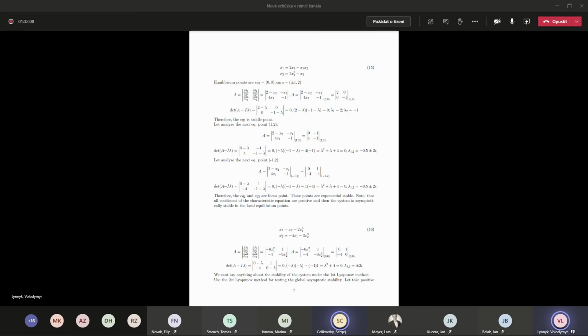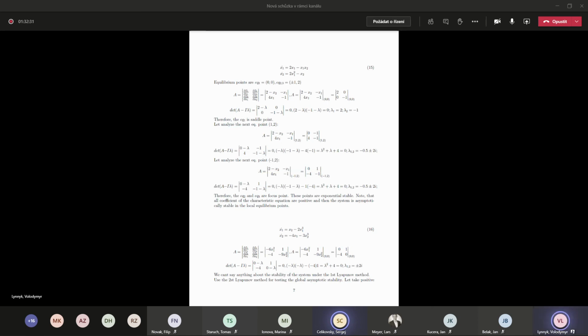May I add something to the first method of Lyapunov? If all real parts of the eigenvalues are negative, we may conclude local asymptotic stability. If there is at least one real part positive, just one, then we may claim it is unstable.